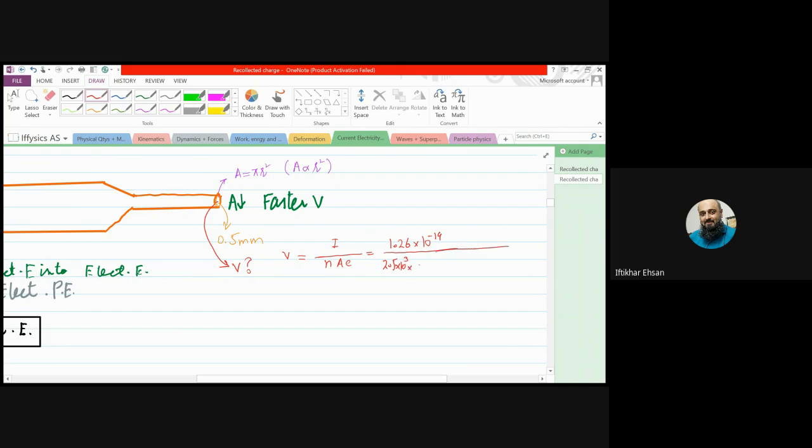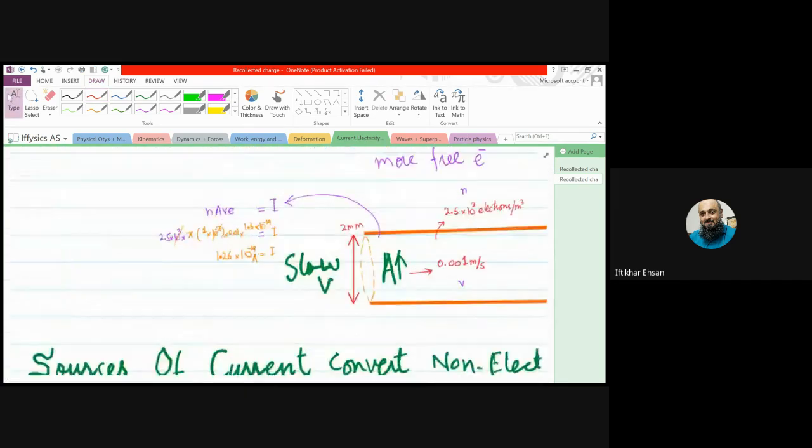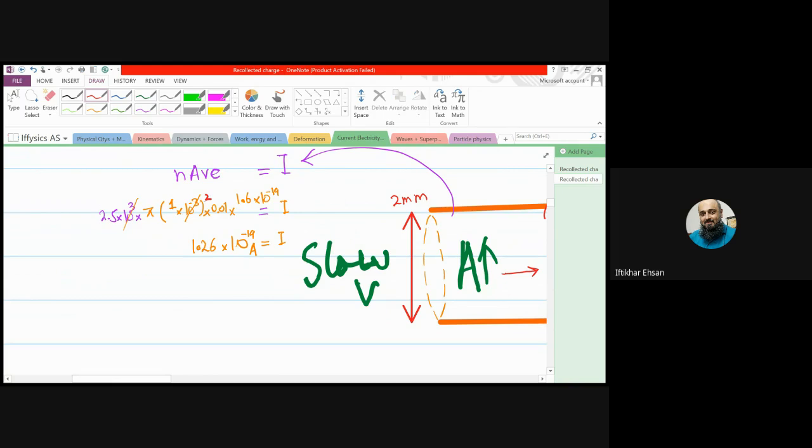Area is the difference. Pi here, the radius will be half of 0.5, and it is in millimeter, means 10 to the power minus 3, and here we have a square. Let me see. Did we take the square here? I guess we forgot. Because no, we took because 0.01 is different.